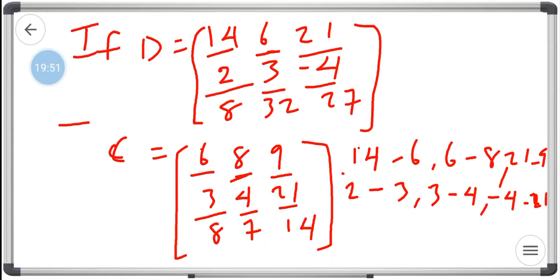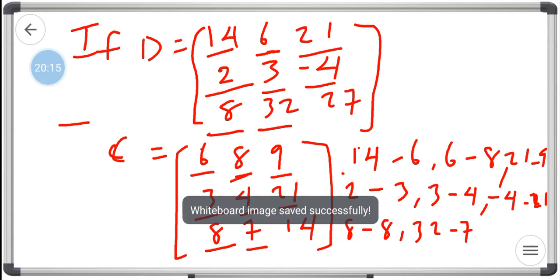Then the next one here, A31, that is 8, minus A31 here, that is 8 as well. A32 here, that is 32, minus A32 here, that is 7.